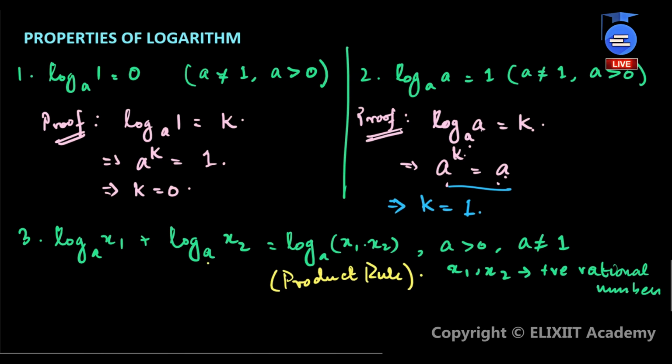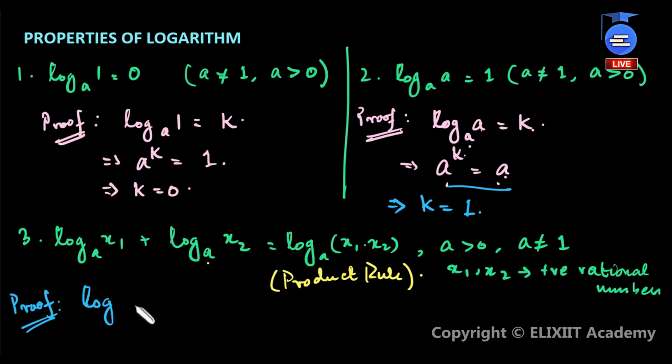How will you prove this? Quite easy. We have log x1 base a and log x2 base a. So take them individually. First we have log x1 base a. Suppose log x1 base a is equal to k1.